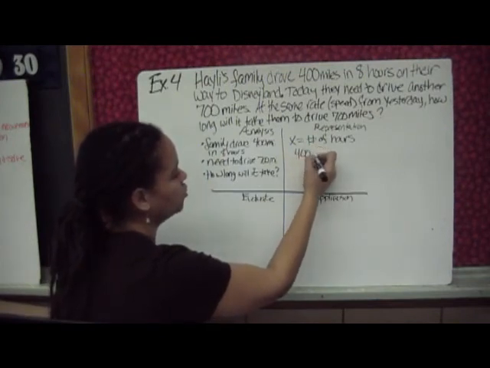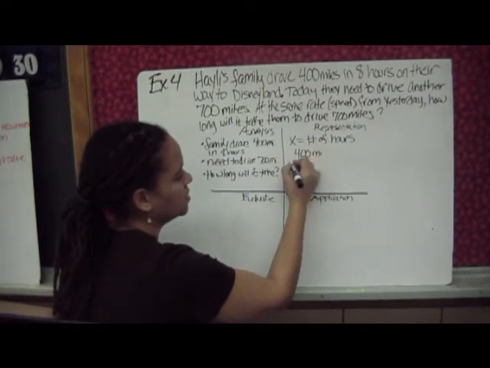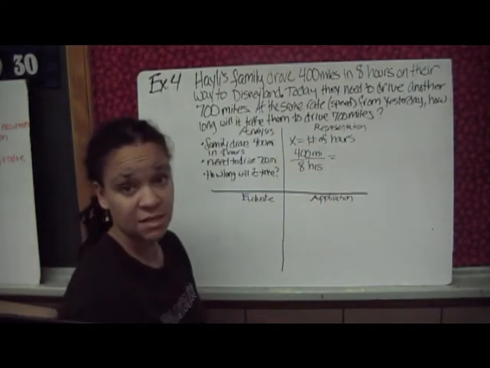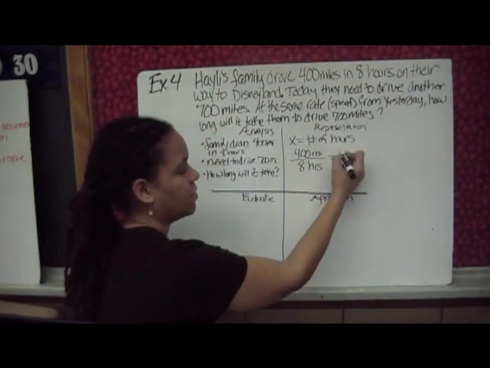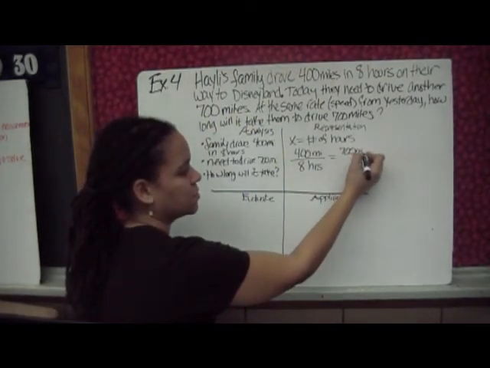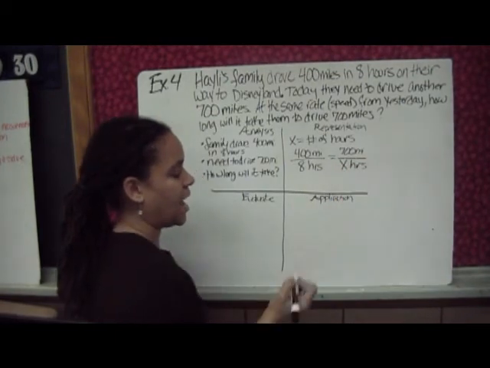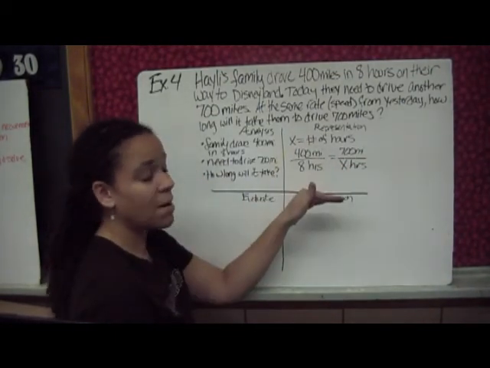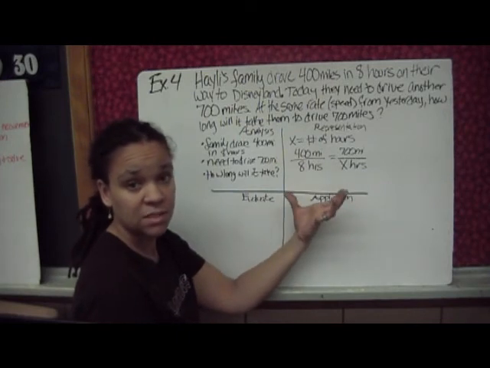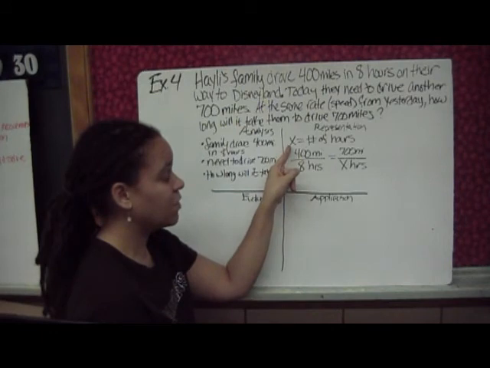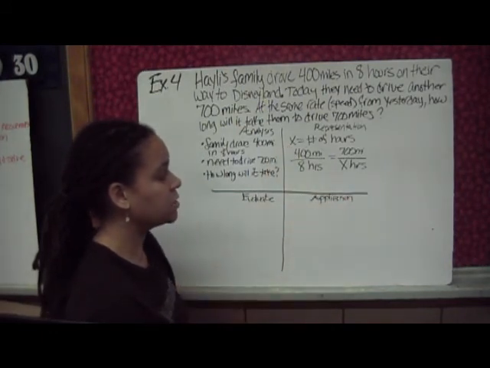We know 400 miles takes 8 hours. We want to set this equal to a proportion because we want to find out 700 miles is how many hours? x hours. So now I've represented the problem with mathematical symbols. I've taken it from words and turned it into symbols. We've defined our variable, so I know that that's the number of hours.